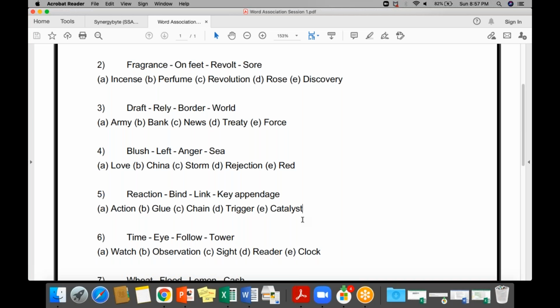How is catalyst related to bind? If your answer is catalyst, tell me how catalyst is related to bind. If your answer is chain, tell me how chain is related to key appendage.